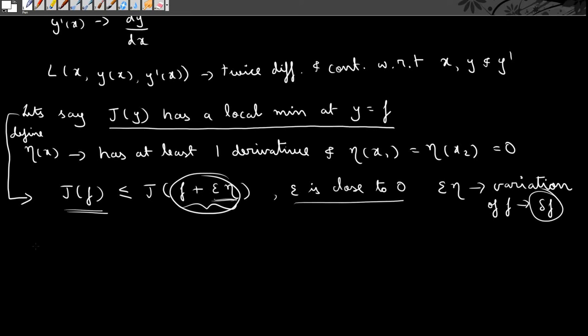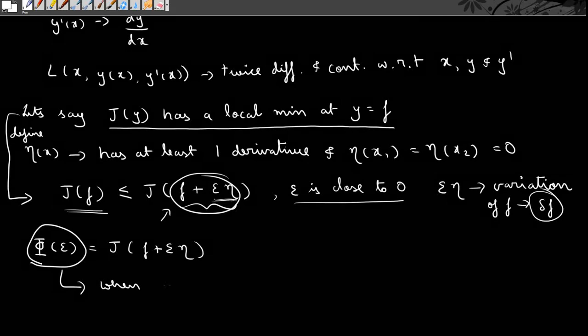So now consider this function phi of epsilon, which is defined as J of f plus epsilon eta, which is basically this function. Now, when will this function, phi of epsilon, have a minimum?